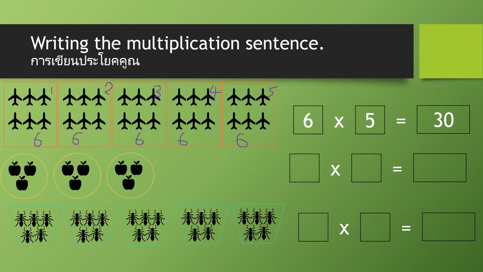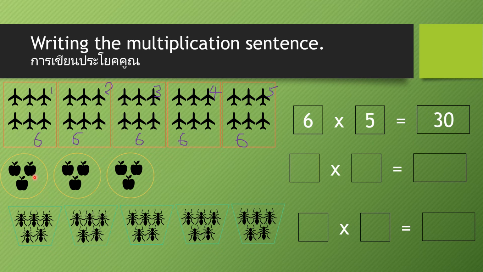So 6 times, how many boxes do we have? 1, 2, 3, 4, 5, equals, what is the number? 6 times 5 equals 30. If you are not sure, you can count 1, 2, 3, 4, 5, 6, 7, 8, 9, 10, 11, 12, 13, 14, 15, 16, 17, 18, 19, 20, 21, 22, 23, 24, 25, 26, 27, 28, 29, 30. So that is correct.